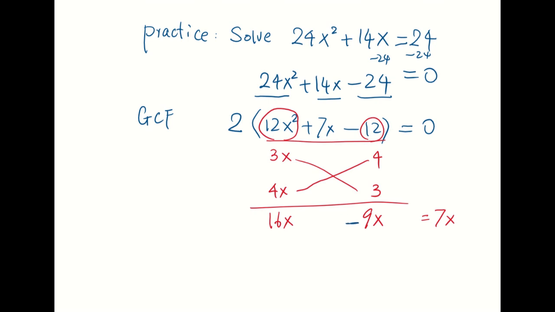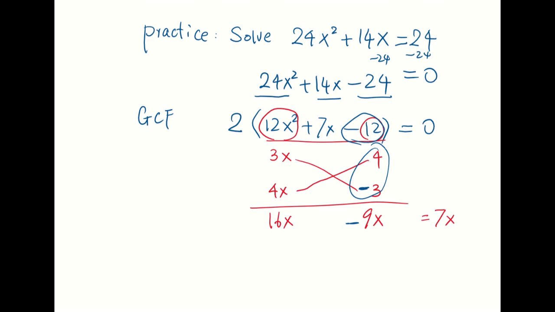Okay, so 16x minus 9x is 7x. Good, trace it back. That means 3x times negative 3 gave me this negative 9x. And check again over here. 4 times negative 3 is negative 12. Okay, everything is the right combination.